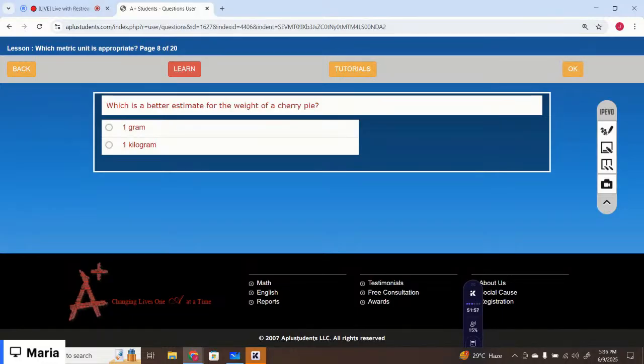Which is the better estimate for the weight of a chain bag? That is 1 kilogram. Option number two is the correct option.